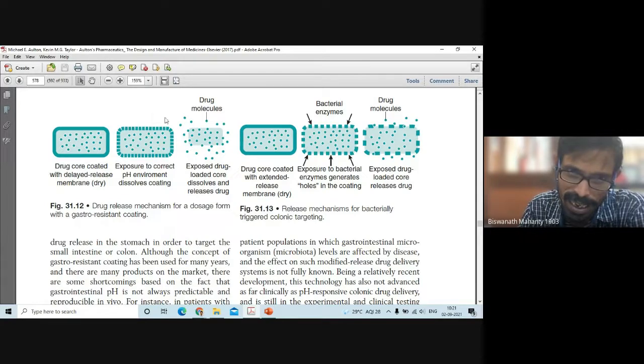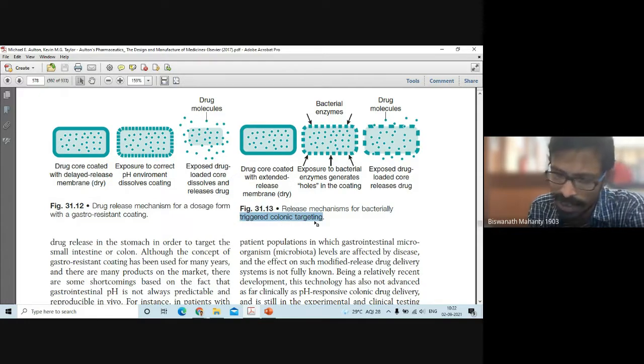It is more alkaline. So it will dissolve the coat, and the drug is released. So they are protecting it from releasing in the stomach. This is one mechanism.